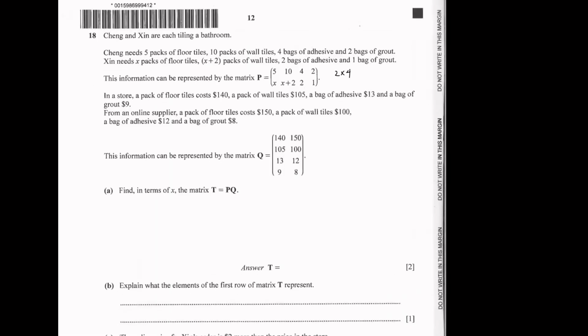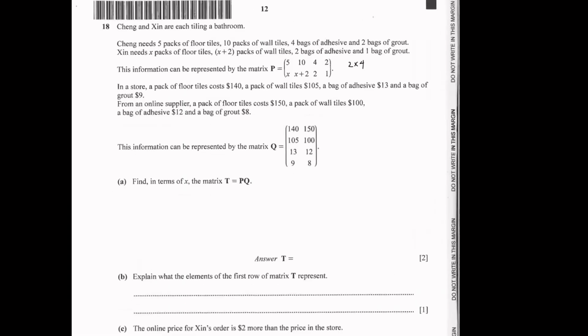And from an online supplier, a pack of floor tiles costs $150. A pack of wall tiles costs $100. A bag of adhesive costs $12. And a bag of grout costs $8. So this information is represented by the matrix Q, which is a 4 by 2 matrix because it has 4 rows and 2 columns.